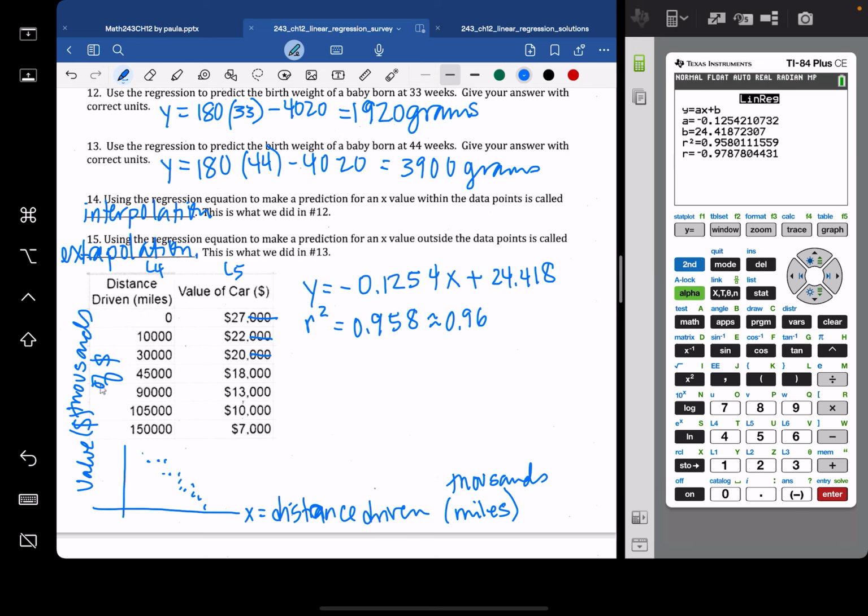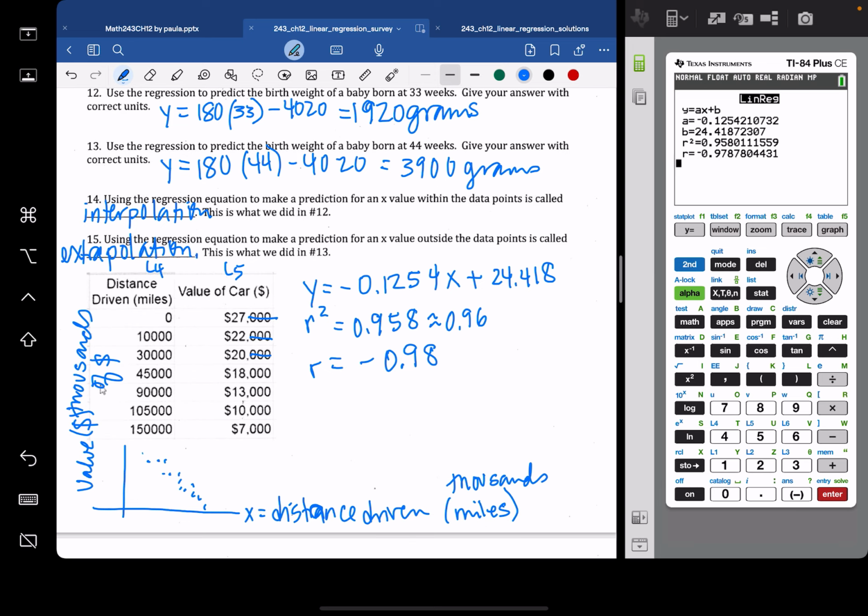That's pretty extreme. You'd think there'd be a little bit of leeway for how well the owner took care of the car, or whether it had got some dings on it. But according to this model, those other details only account for 4% of the value of the car, and most of the variation in value is dependent on variation in miles. And then the correlation is negative 0.98. So very strong negative correlation here.